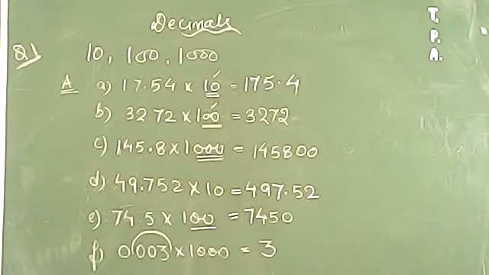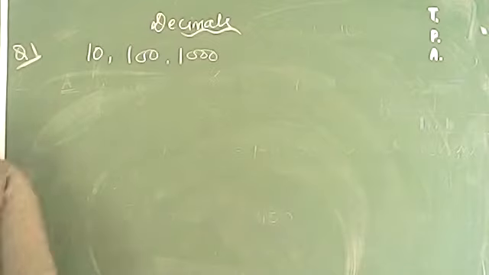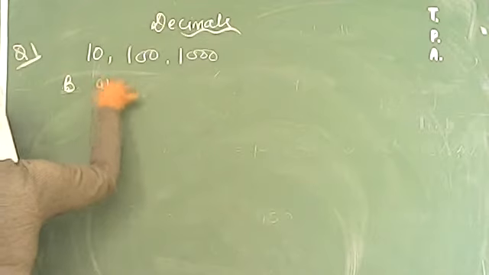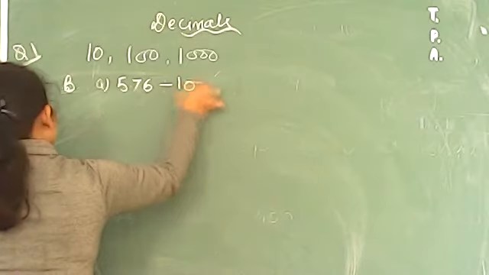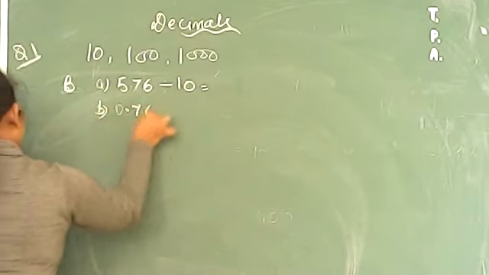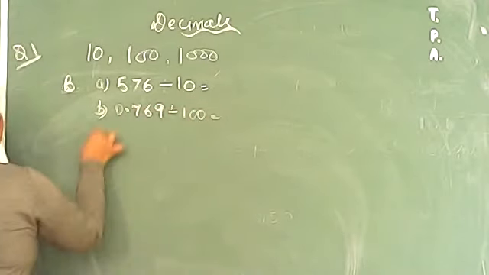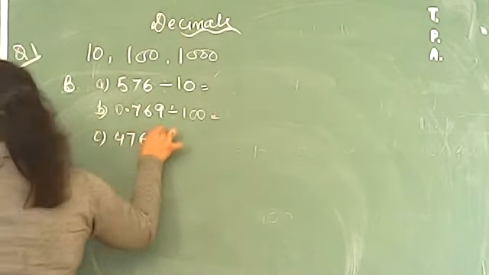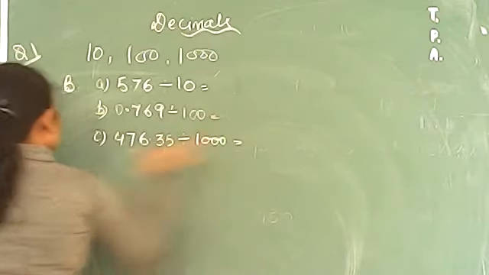Let us understand division of these numbers. Now we are understanding division part. Question number B, we have first question as 5.76 divided by 10. Question number B, 0.769 divided by 100. Question number C, 476.35 divided by 1000.